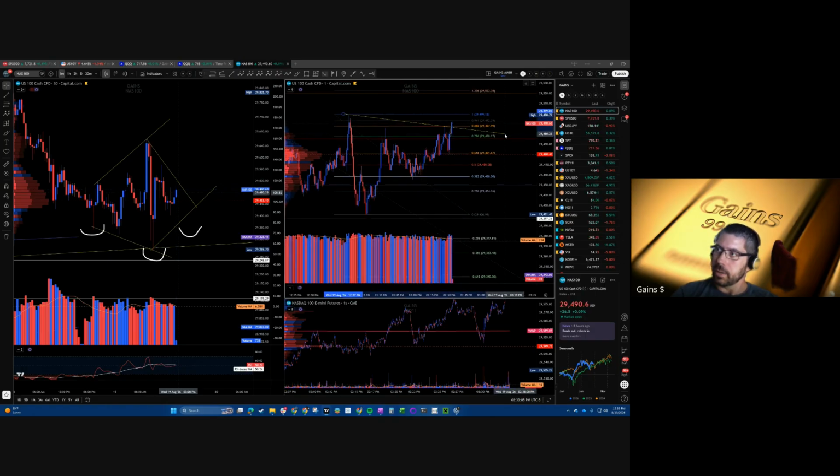But anyways, how I typically draw these things is this zone right here, this 786 and 886 level. It looks like it's going to be invalidated anyways.